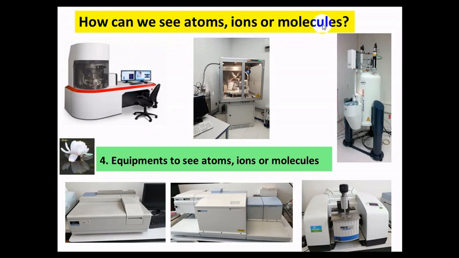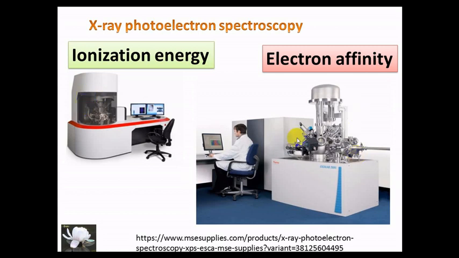The answer is using spectroscopy. Here we can see some types of equipment: X-ray photoelectron spectroscopy, X-ray diffraction, nuclear magnetic resonance, infrared, Raman, and ultraviolet. This is a model for X-ray photoelectron spectroscopy.